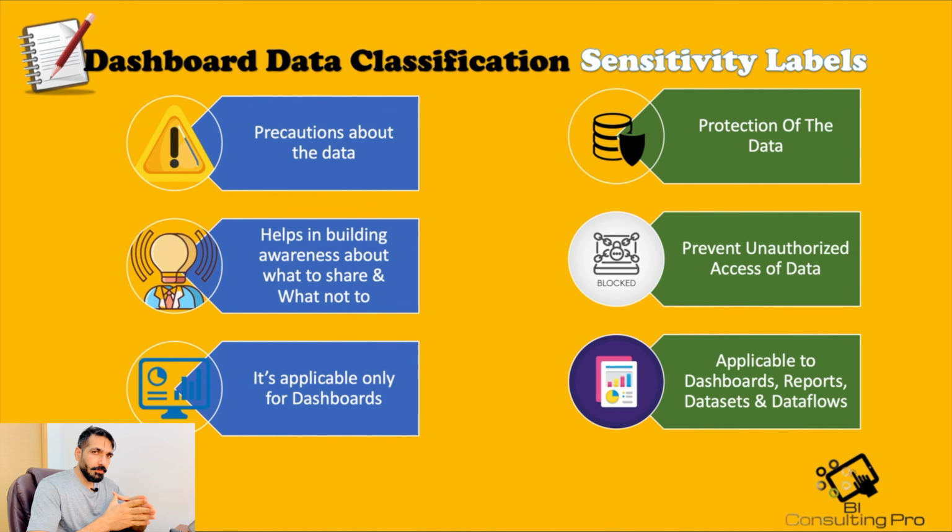The dashboard data classification is all about awareness inside the organization, that it's finance data, it's management data, or it's some other category of data. But the sensitivity label is all about protection, so that even if somebody downloads the Excel file or PDF, the data should not be visible to them. Lastly, dashboard data classification is only applicable to dashboards, while sensitivity labels are applicable to datasets, dashboards, reports, as well as dataflows.